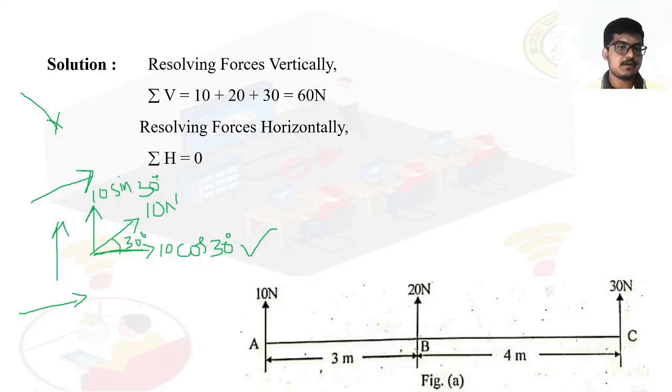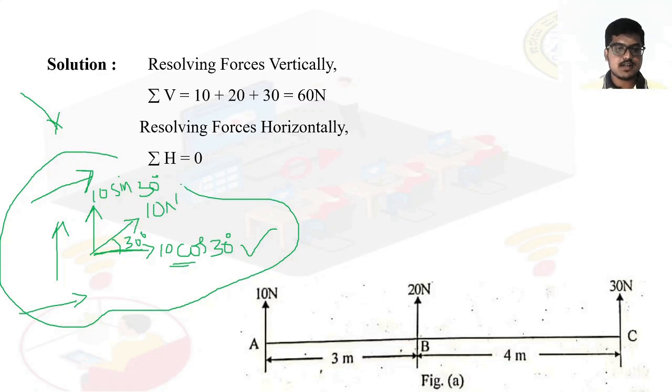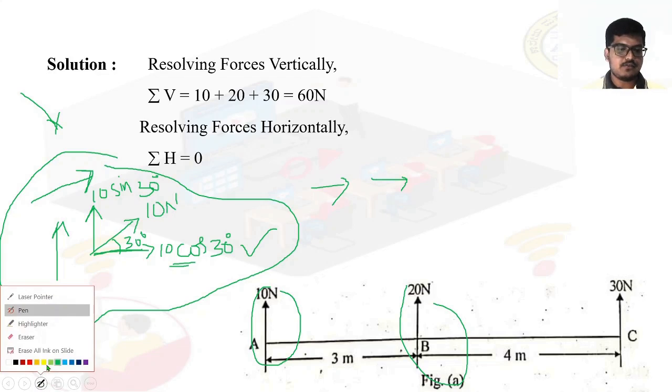The trick is that the component along the angle is cos. So for basics, take the horizontal component as cos and the vertical component as sine. This is only when inclined forces are given. If inclined forces are not given, take as it is. If a pure vertical or pure horizontal force is given, you can calculate directly with the help of the formula.